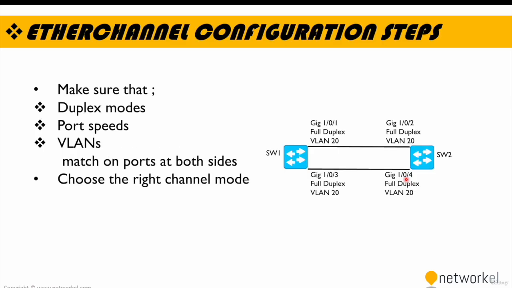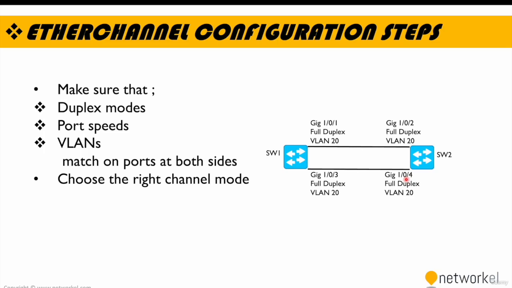To configure Etherchannel, firstly we need to check if our switch supports Etherchannel or not. That is the first step. Secondly, we need to make sure that duplex modes, port speeds, and the VLAN information, those 3 must match on ports at both sides.